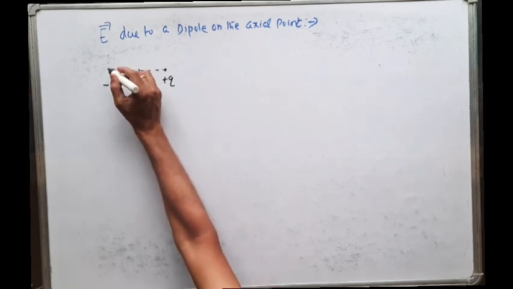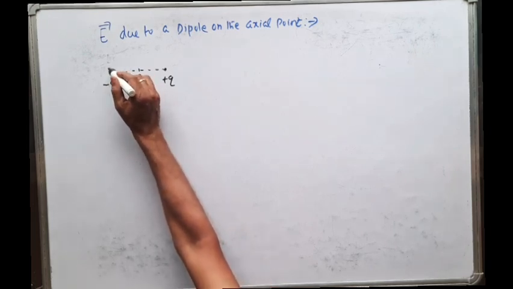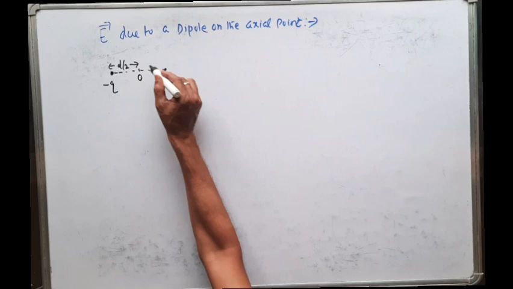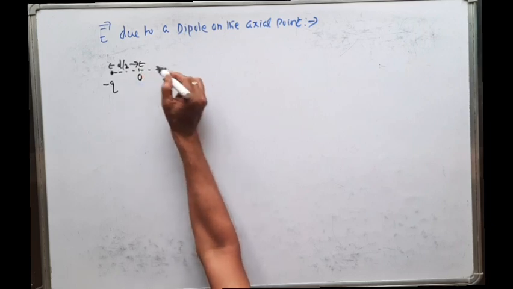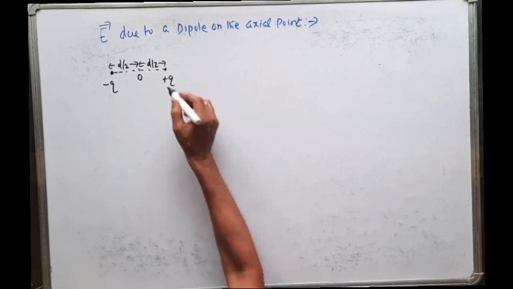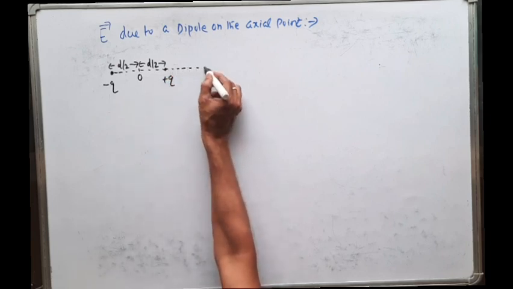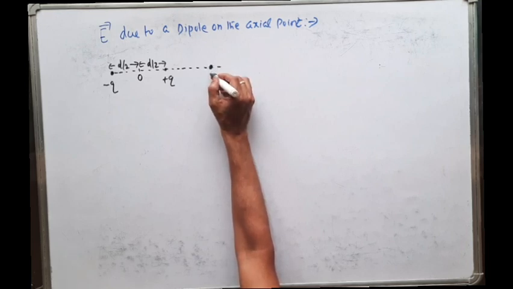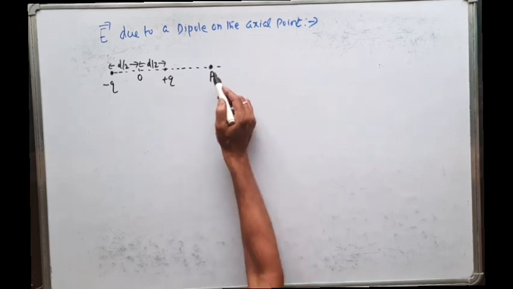So the distance from minus q to the center is d by 2, and from the center to plus q is also d by 2, because the total distance is d. This is the axial line. I want to find the electric field intensity at point A. So A is which point?